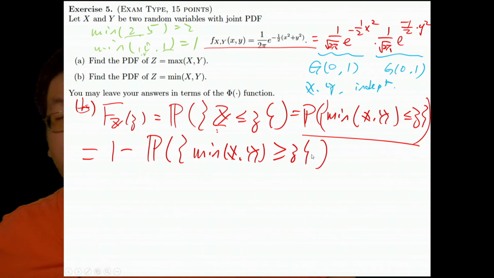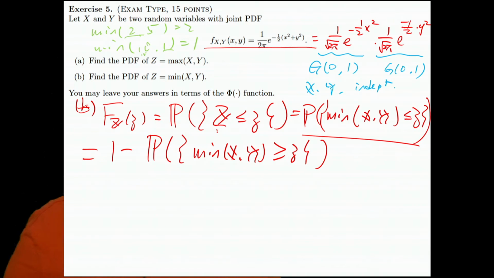It's like the probability of A equals 1 minus the probability of A complement. So if the minimum is greater than z, that means two numbers are definitely both greater than z.